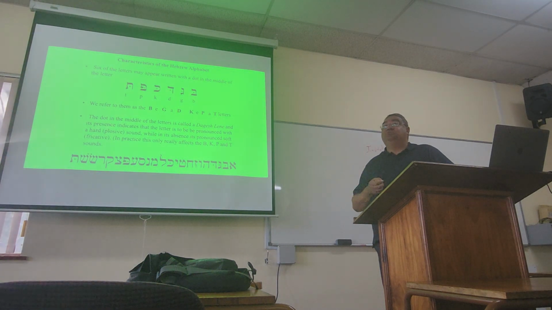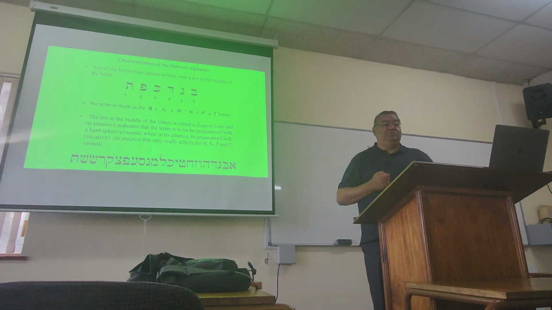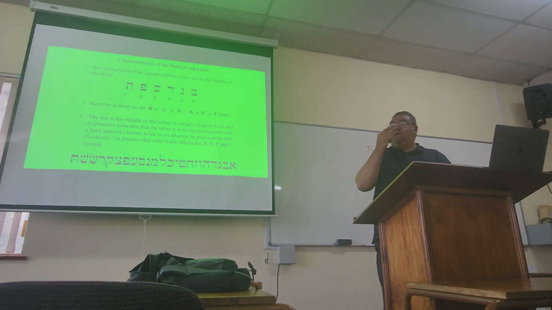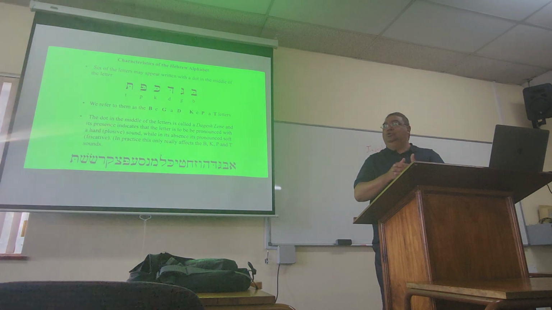The same thing happens with the dalet. The sound that the dalet makes, you can hear, is you're taking your tongue and you're pushing it up against the back of your teeth and the roof of your mouth, and you explode the sound. You say D. D. Okay? So how do you make the soft sound?